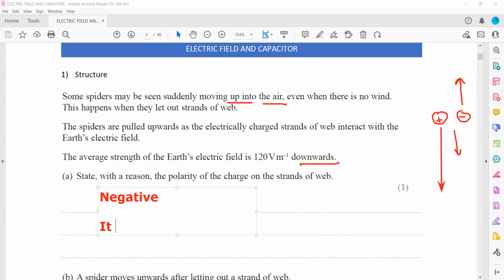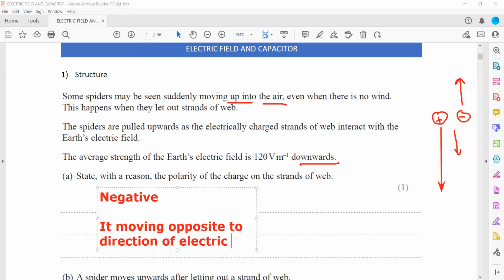Because it is moving opposite to the direction of the electric field. If the strand moved in the same direction as the electric field, it would be positive. But because it is moving opposite to the direction of the electric field, that's why it is negative.